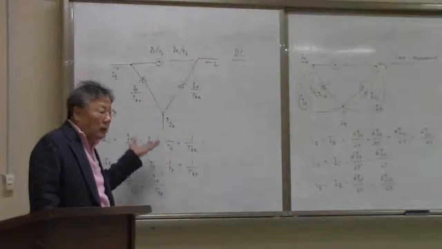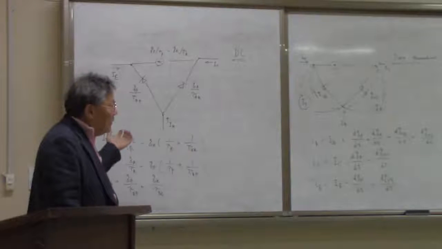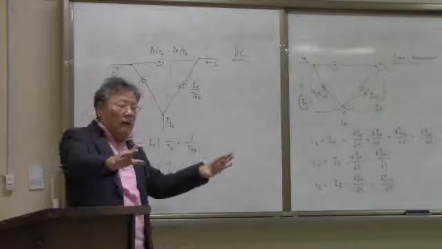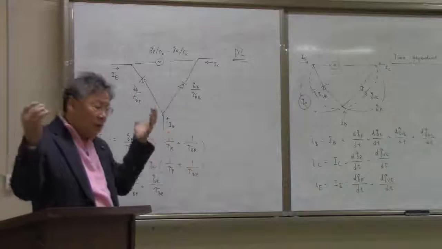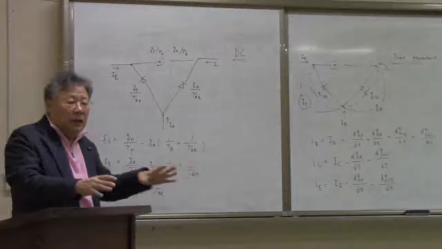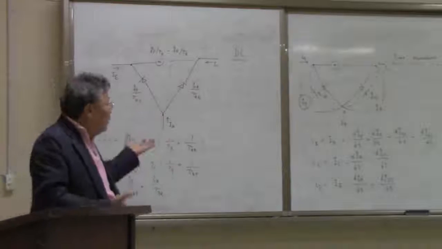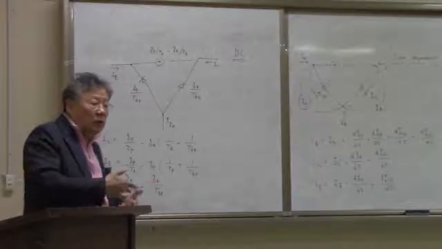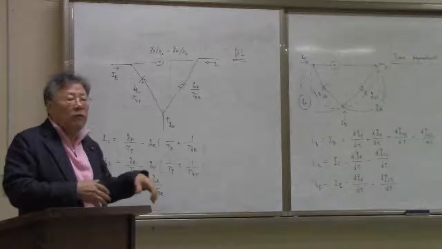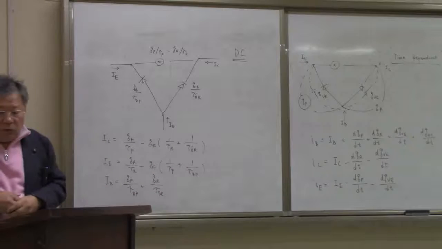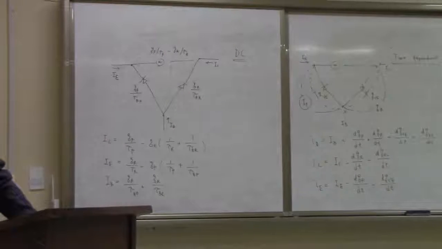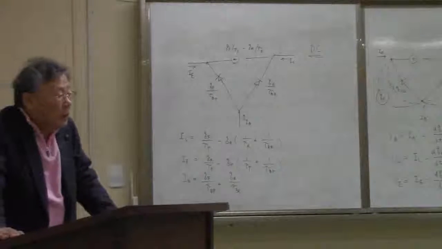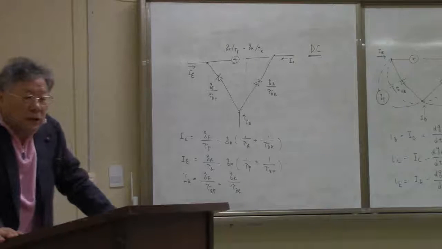Of course, if you change the bias, for example if you apply forward bias on the base-collector junction as well, you are going to have a saturation mode, which is a little bit different from this. We are going to talk about the saturation mode next week on Monday, and then we wrap up the bipolar device sections.